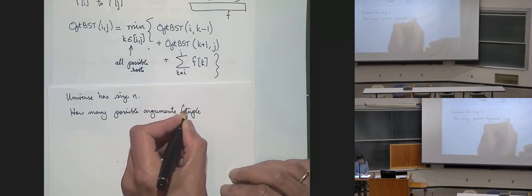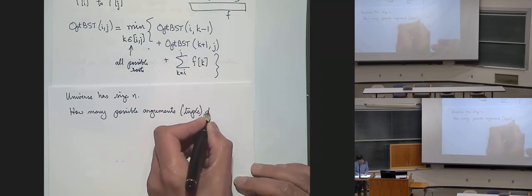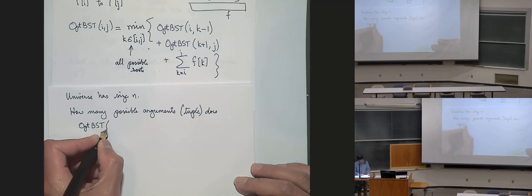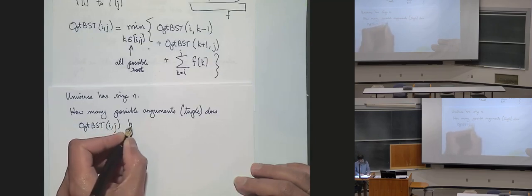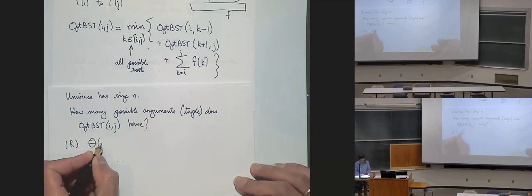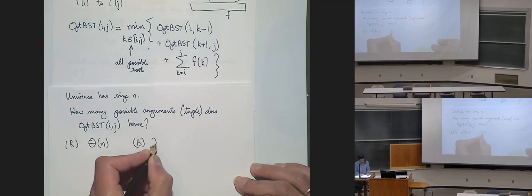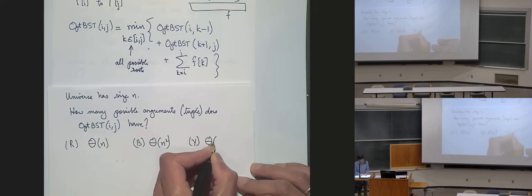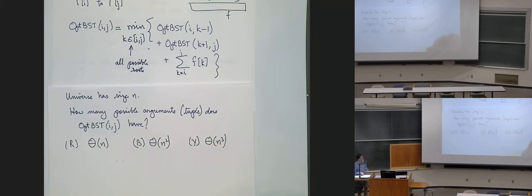You're looking at the entire argument. Does opt BST i j have? Is it theta of n, theta of n squared, theta of n cubed? How many possible arguments are there?